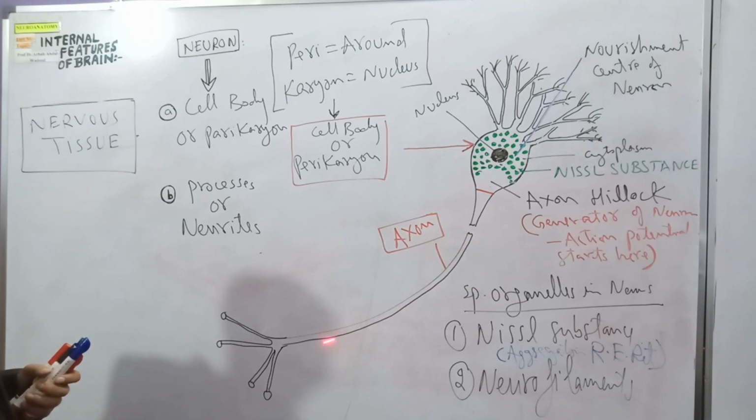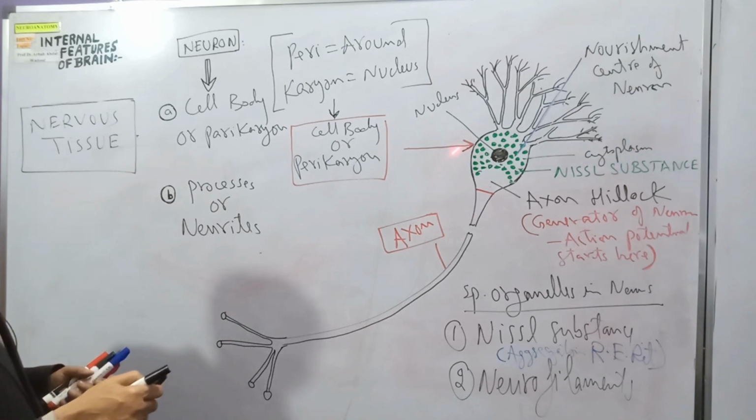Therefore, this part of the axon will die because of lack of nourishment. So the processes of the neurons receive nutrition from the cell body, this proximal part in which there is Nissl substance. So this was about the cell body of the neuron.